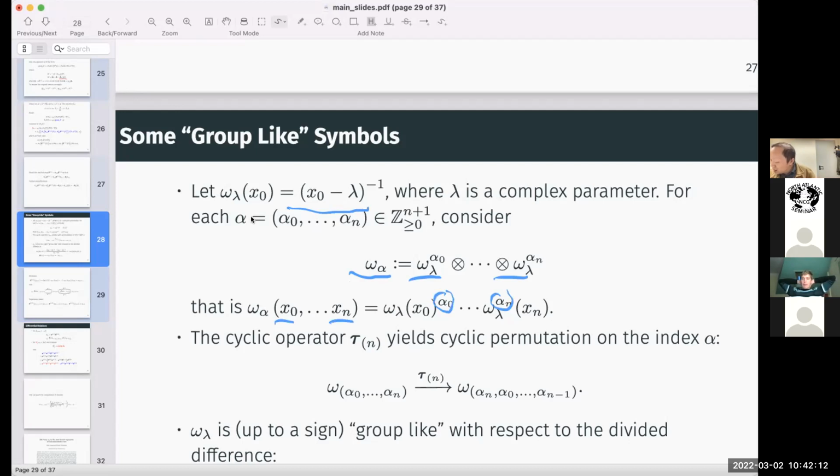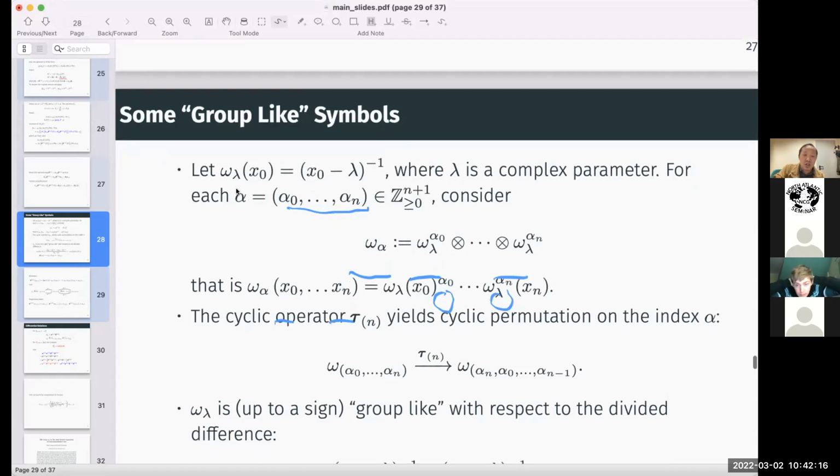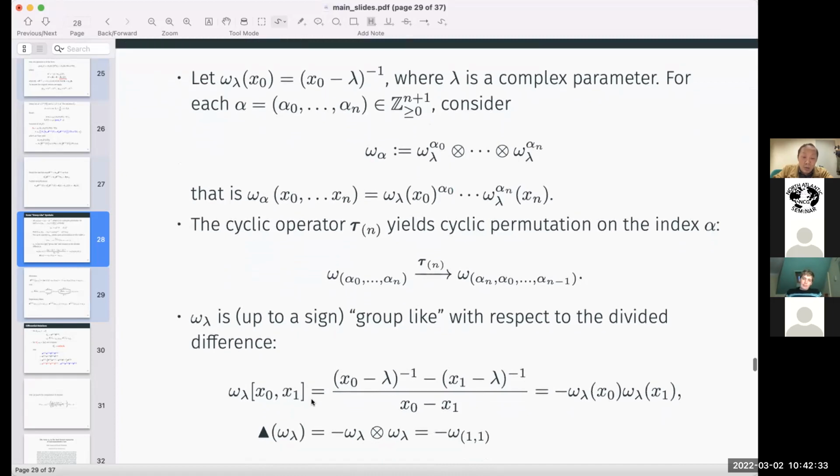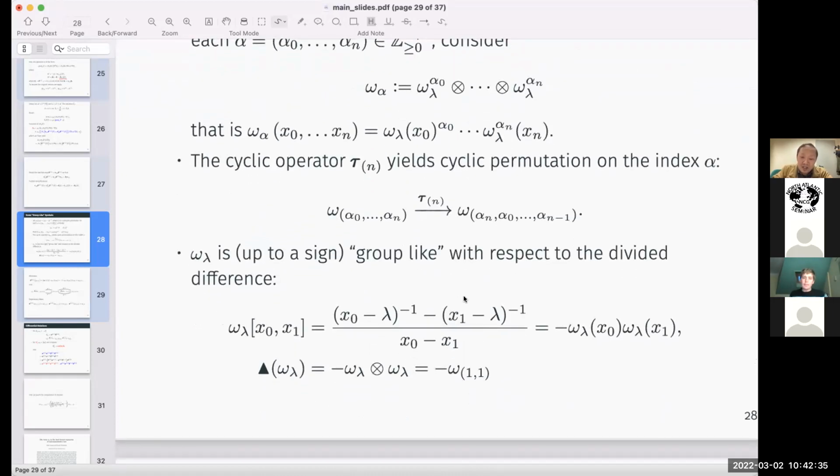Let me quickly go over how these transformations act on this family omega alpha. It's very simple. The cyclic tau just cyclically permutes the indices alpha 0 to alpha n, and for omega lambda, when you apply the divided difference, it's kind of group like.